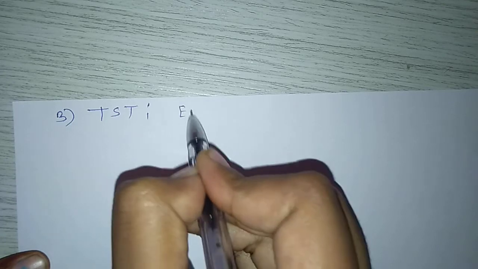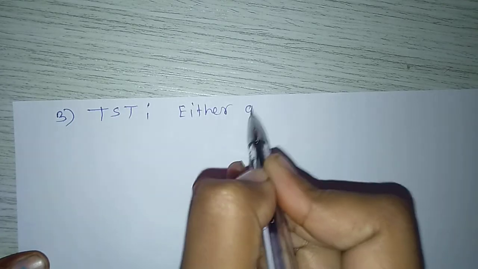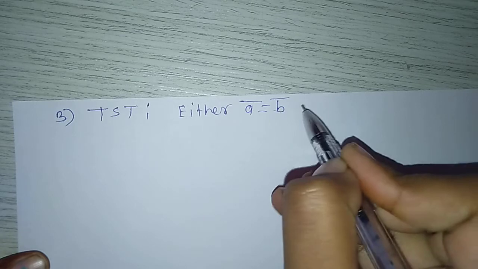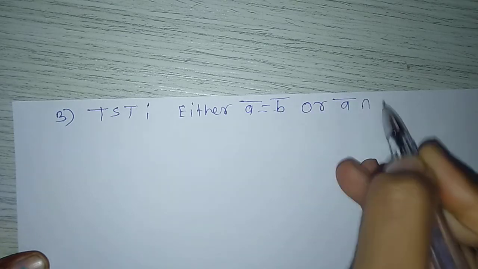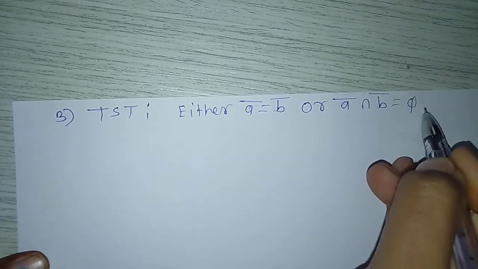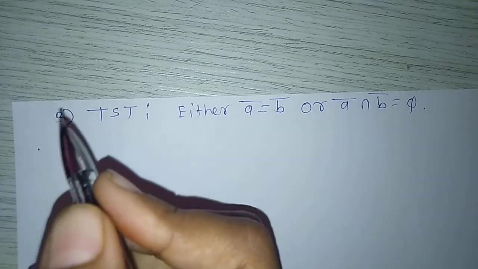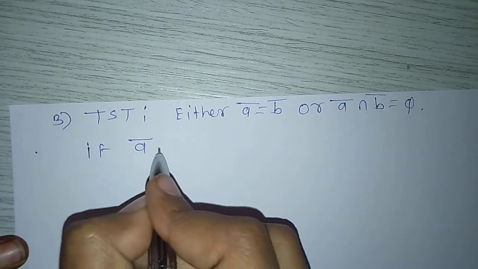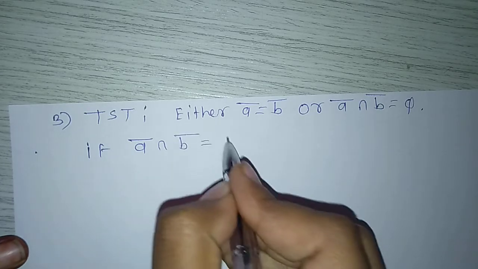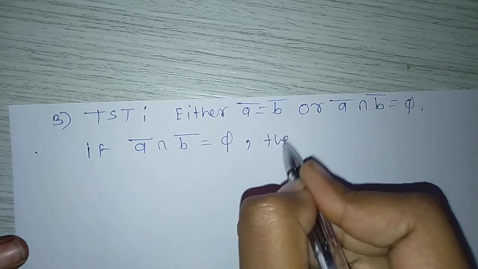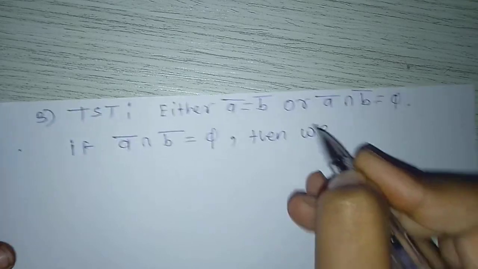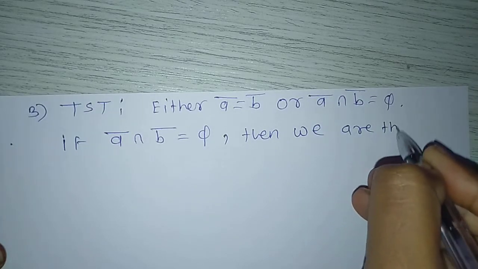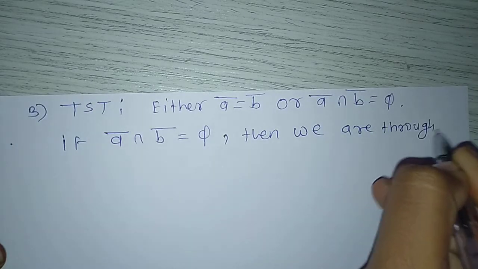To show that, if A bar intersection B bar equals phi, then we are through, meaning nothing needs to be proved.